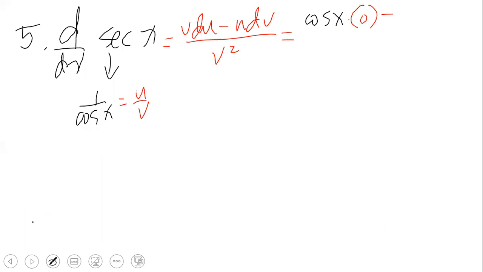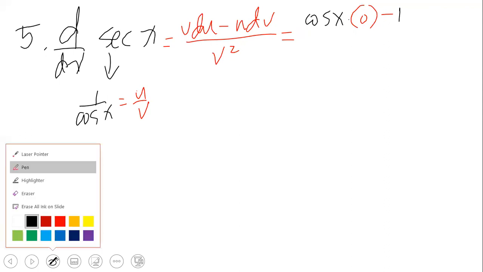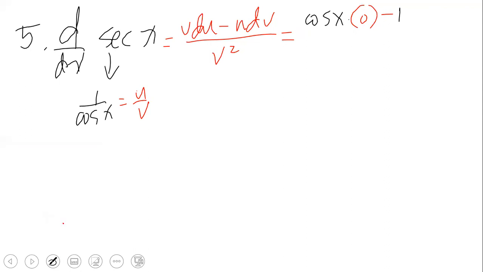minus u. So 1 times the derivative of dv, which is the derivative of cosine x. Yan. So the derivative of cosine x is negative sine x all over yung denominator natin nito, which is cosine squared x.